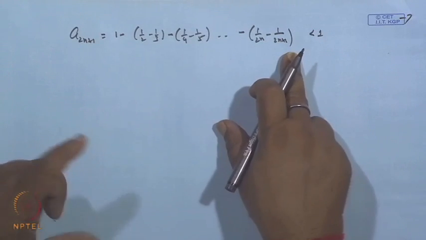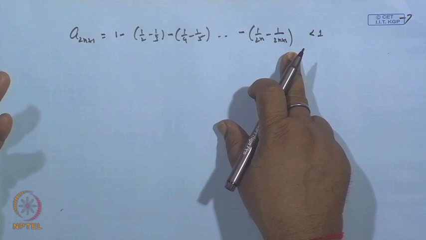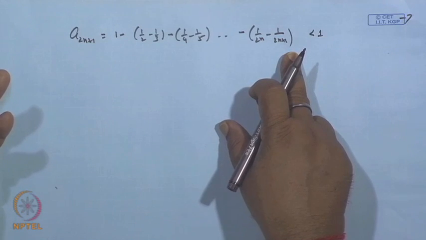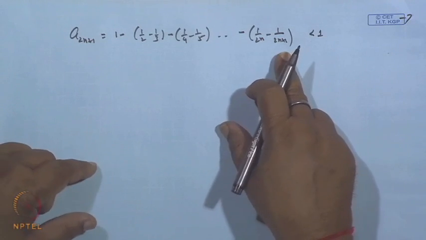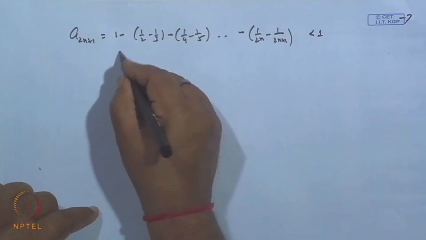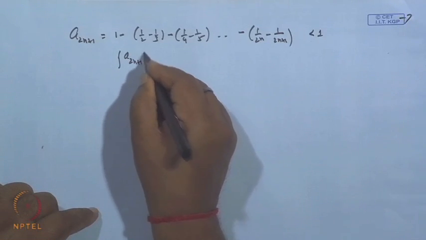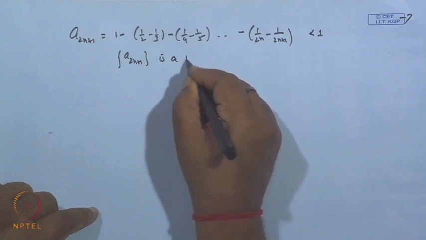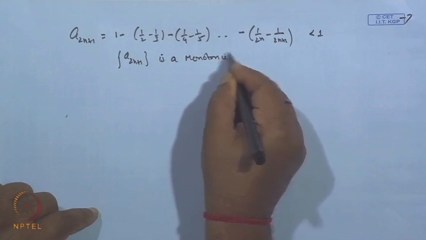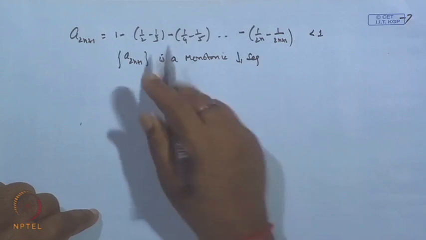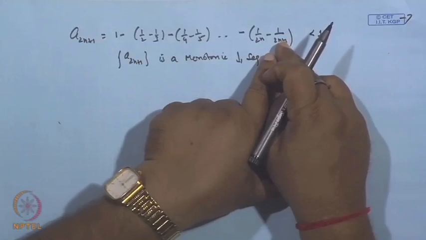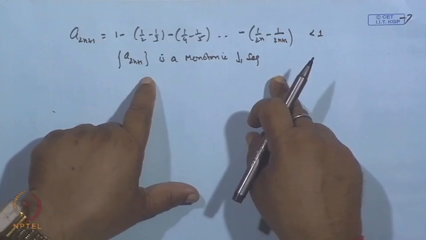As n increases, it keeps on decreasing. So, the sequence a_2n+1 is a monotonic decreasing sequence, because as n increases you are subtracting something.